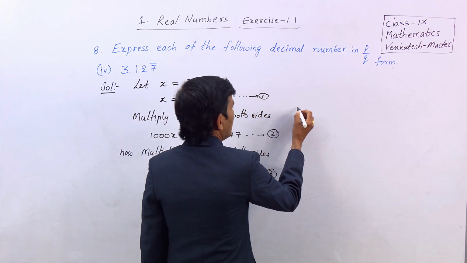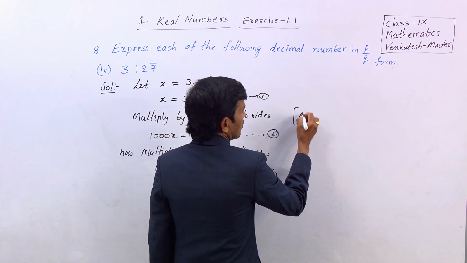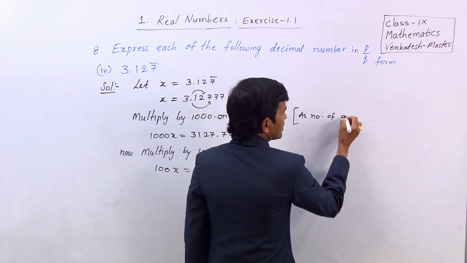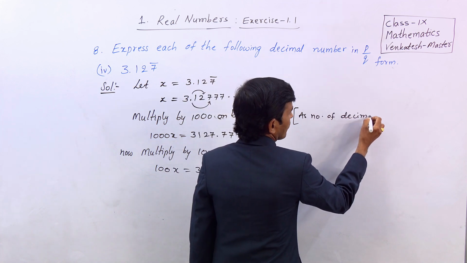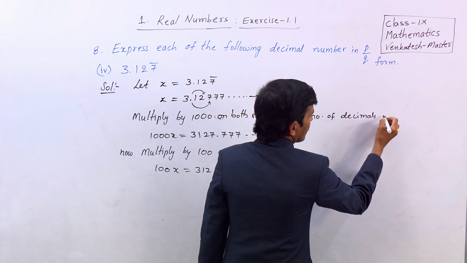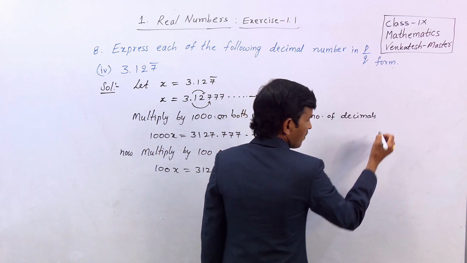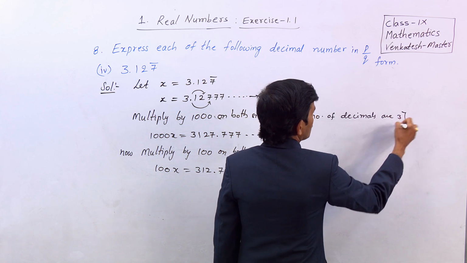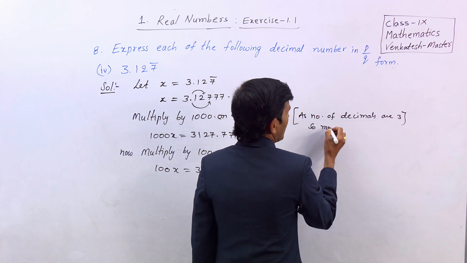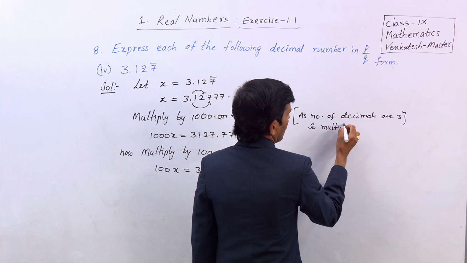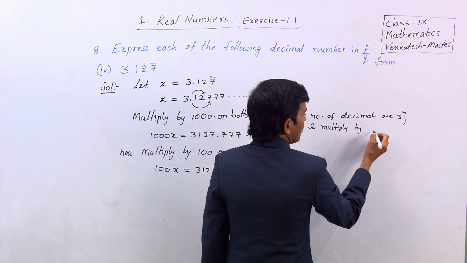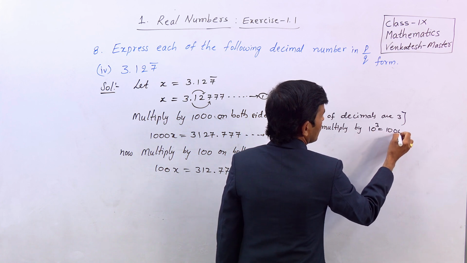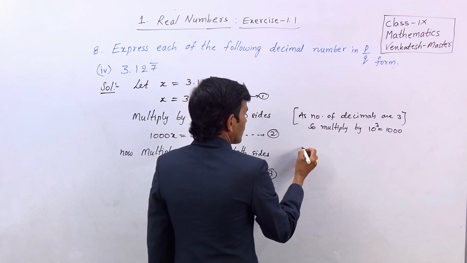Here we can mention that as the number of decimals are 3, so multiply by 10 power 3, which is equal to 1000.